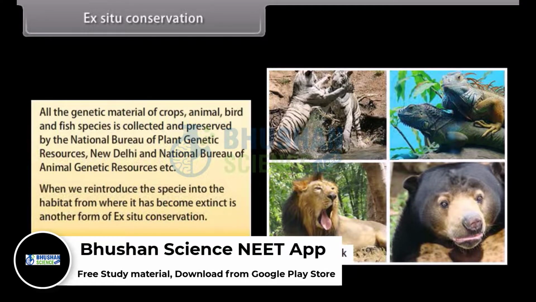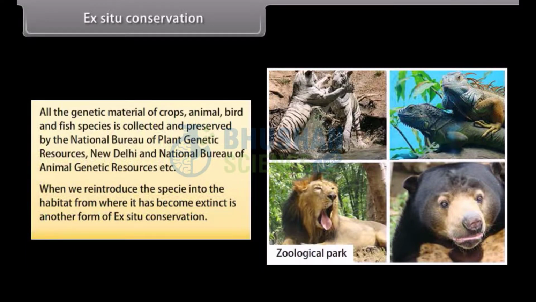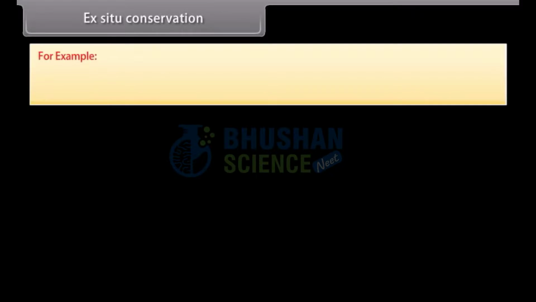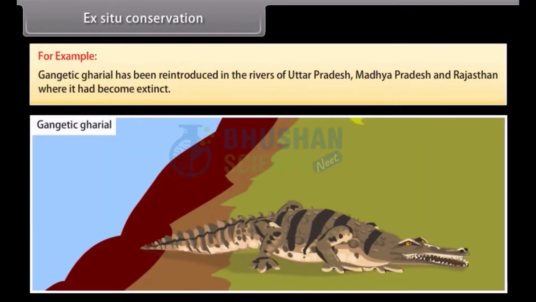When we reintroduce a species into the habitat from where it has become extinct, it is another form of ex-situ conservation. For example, the Gangetic gharial has been reintroduced in the rivers of Uttar Pradesh, Madhya Pradesh and Rajasthan where it had become extinct.